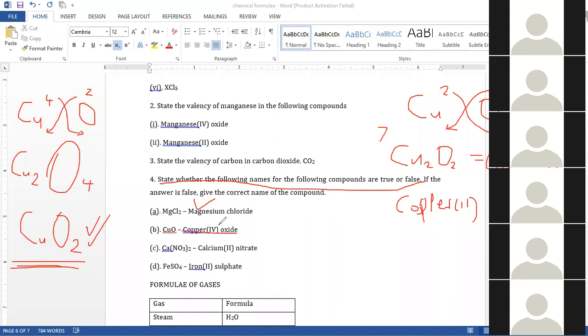So this name we said is false because when you check this formula, you realize that we got it by using the valency of copper as 2. Oh, I've put many lines on my screen. Let me use a few lines.